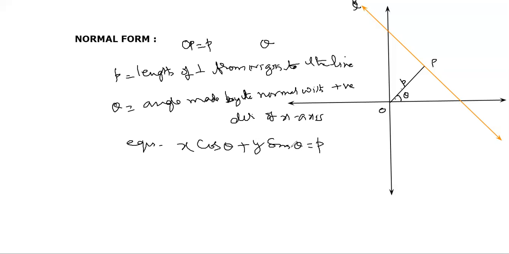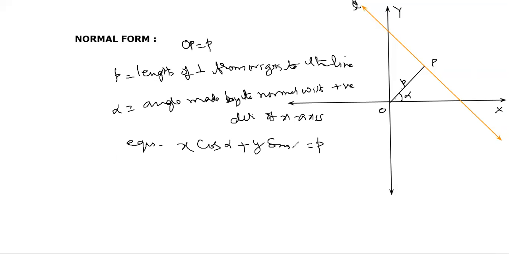X cos theta or alpha, we can take theta, alpha, omega. I used to take here alpha. So suppose this is alpha angle which the normal makes with the x-axis. This is your x-axis and this is y-axis. So alpha is the angle which the normal makes.